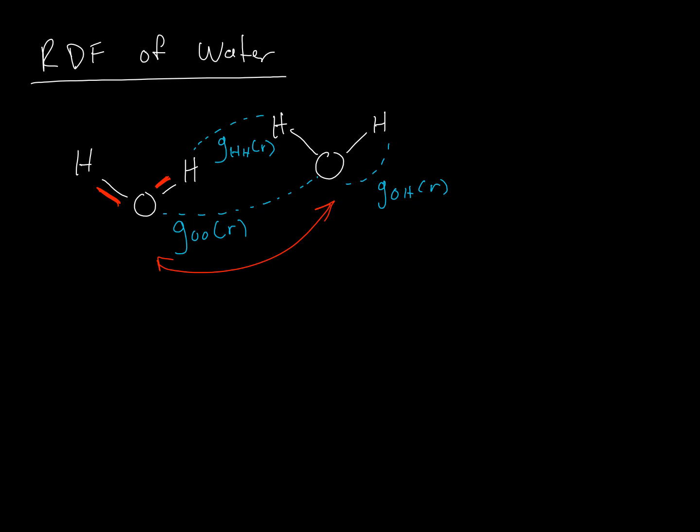And this is normalized compared to the bulk density of the fluid. So at really far separation distances, the radial distribution function is normalized to equal 1. It's forced to be that way. Should I expect the intra-peak to be bigger or the inter-peak to be bigger?